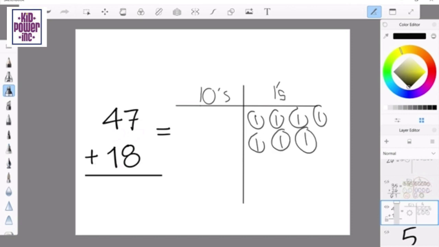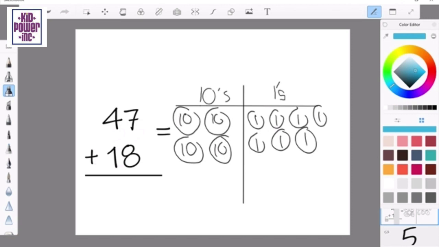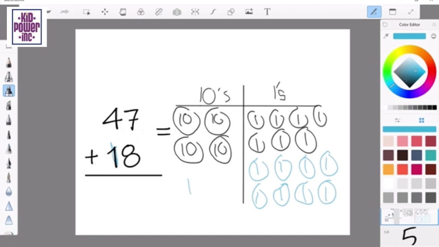Now let's do the tens discs. 1, 2, 3, 4. Now let's do 18. And again, I'm going to represent that in blue. We have 1, 2, 3, 4, 5, 6, 7, 8. And then for the tens, since there's 1, we just do 1.